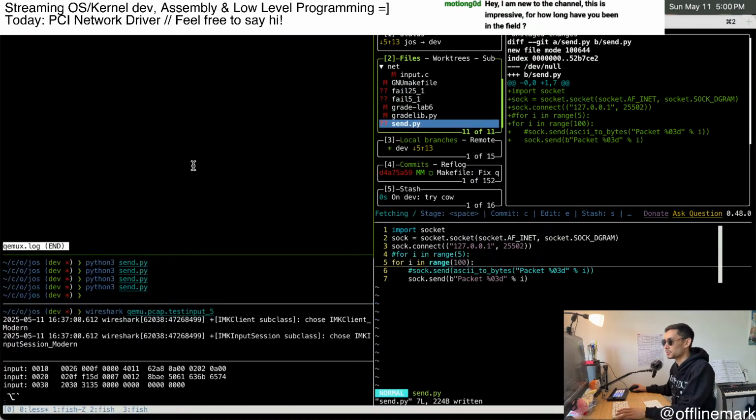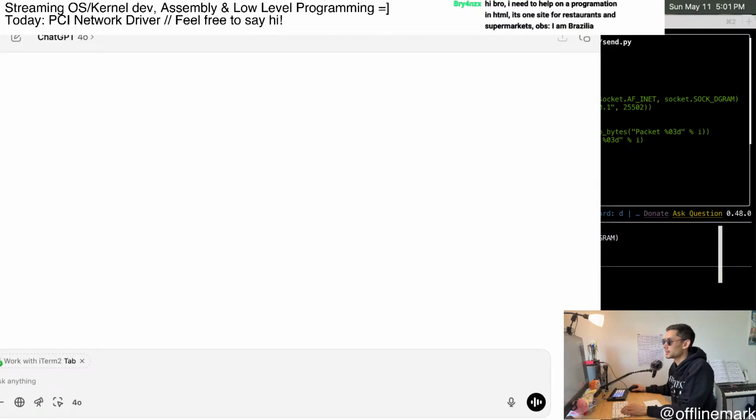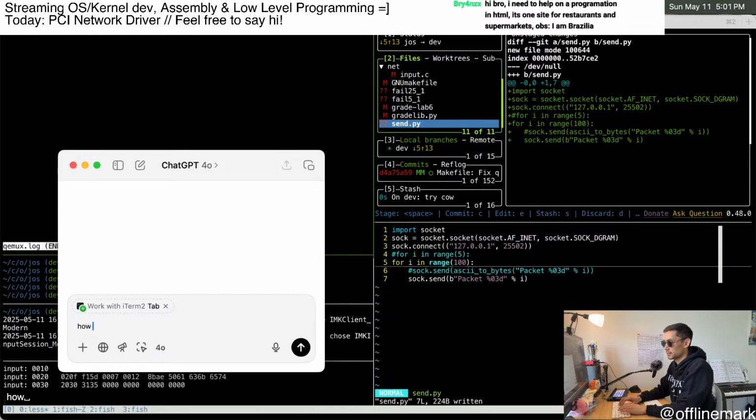Okay, so we are having some roadblocks here. This QEMU log file is empty. I am going to ask ChatGPT how to capture QEMU's serial console output to a file.